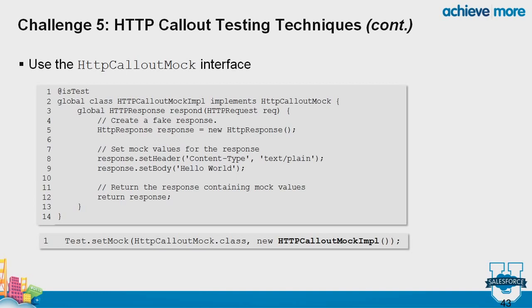So your method will be able to do stuff like maybe set the body, maybe set the headers, set something else, and it returns that response. Once you have that method built in your test, before you invoke the callout or the method that does the callout, you're going to set your mock to a class that implements an HTTP callout mock.